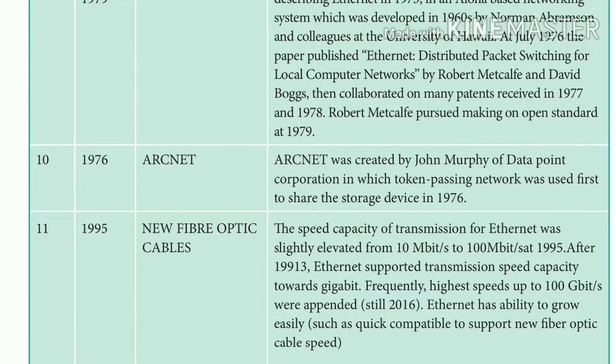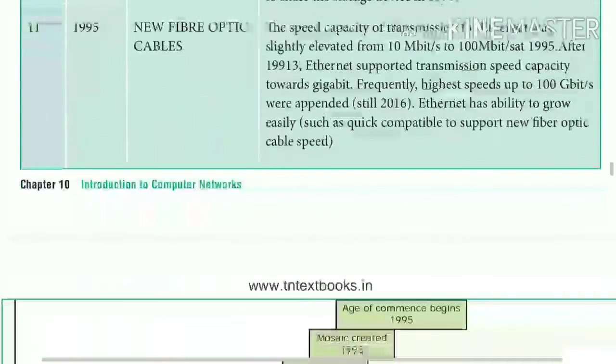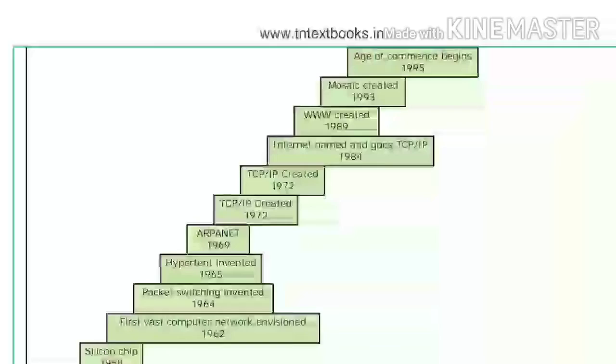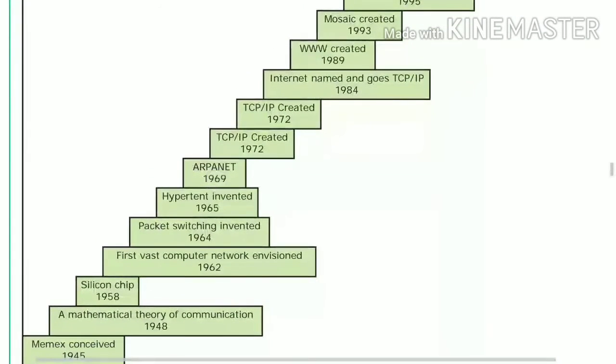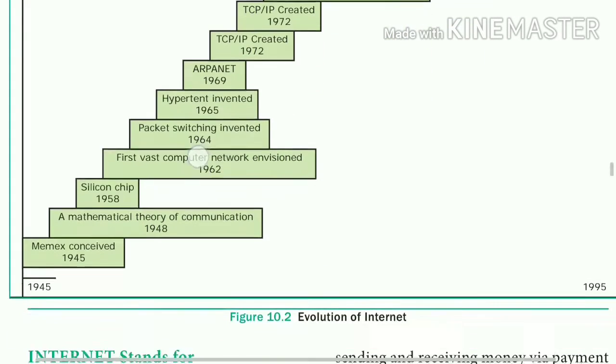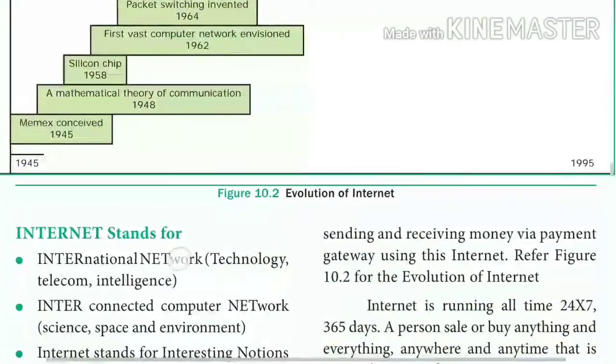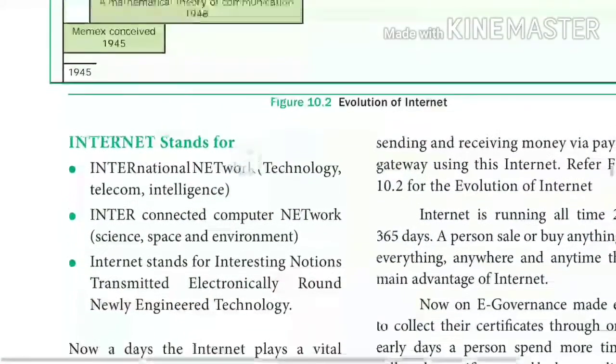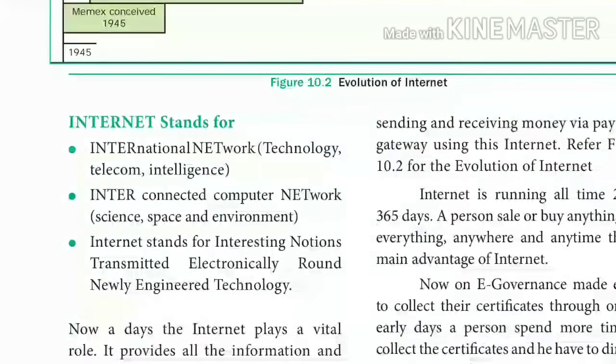So this cable can retrieve the data at the one end at the speed of light. Okay, so this is a diagrammatic way of providing you the information on the evolution.